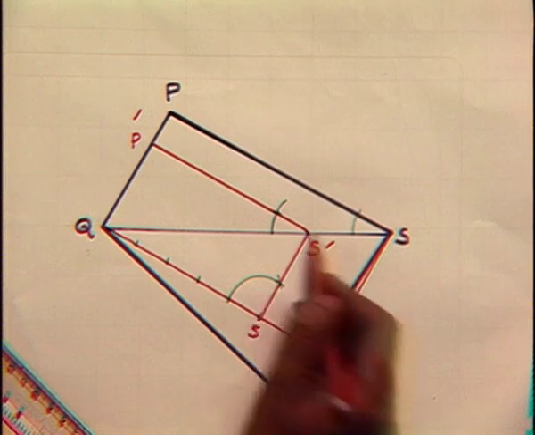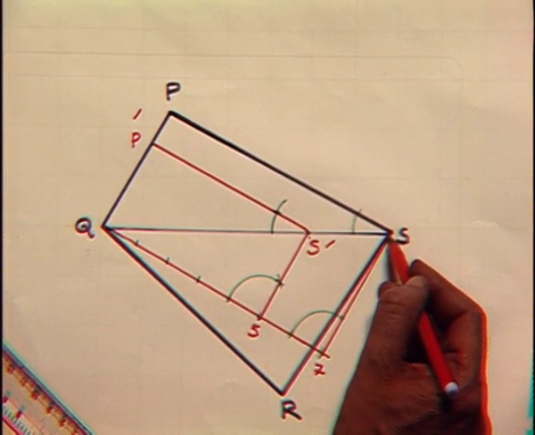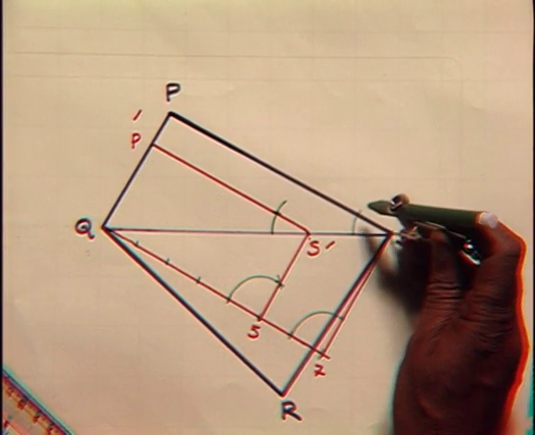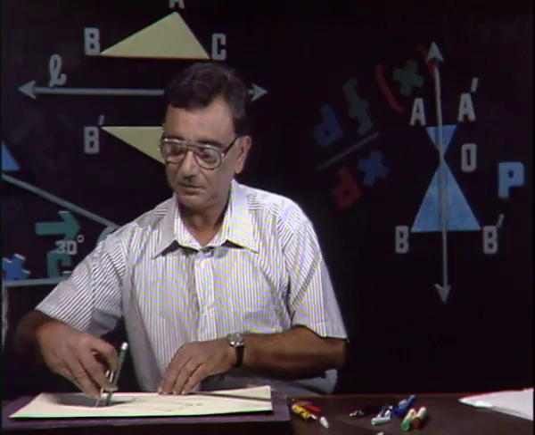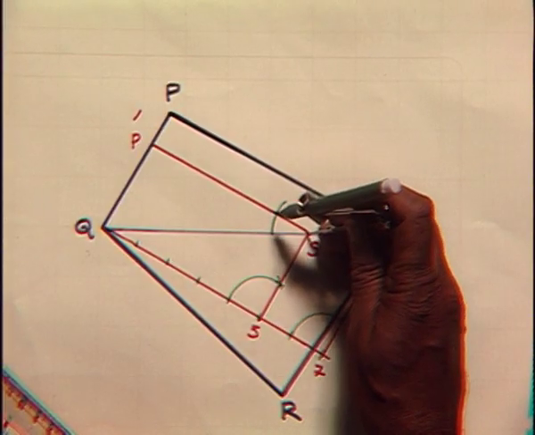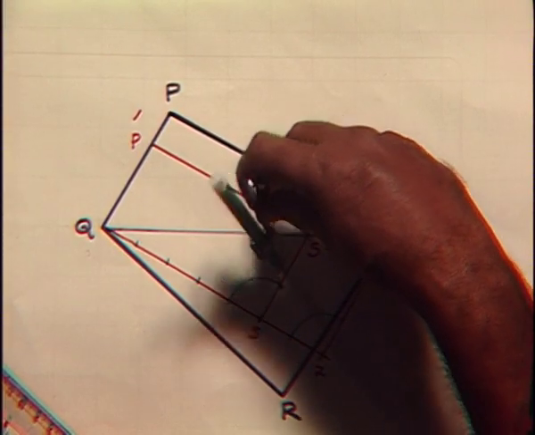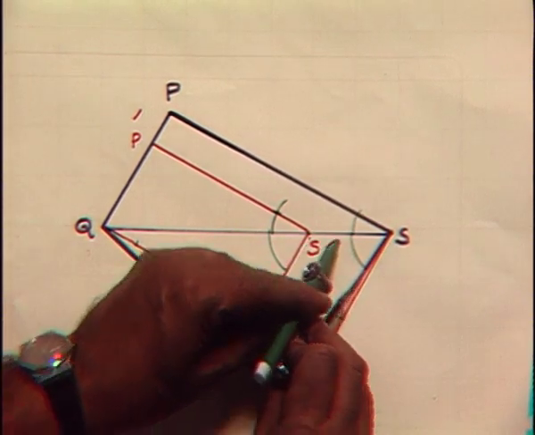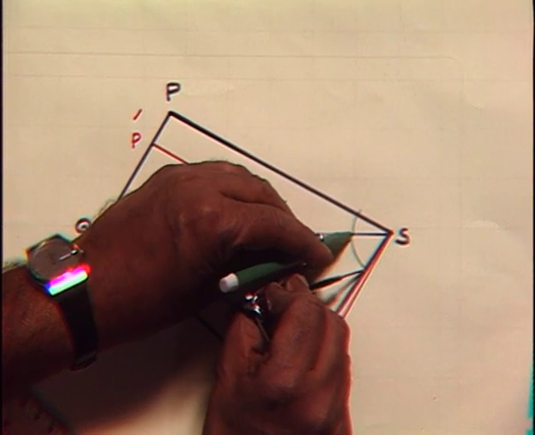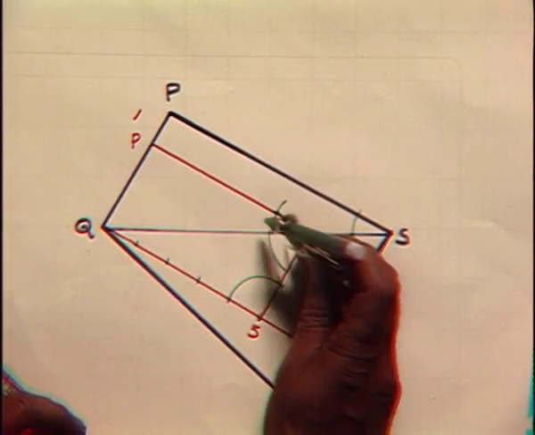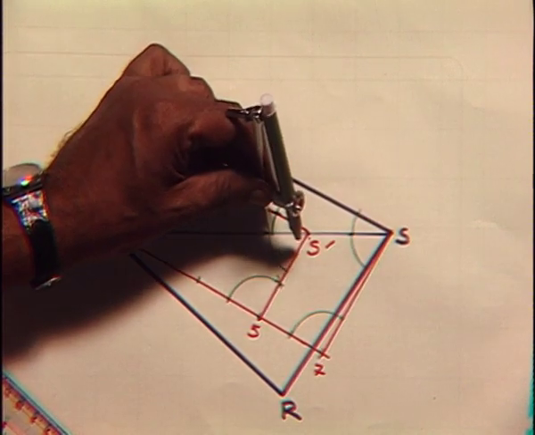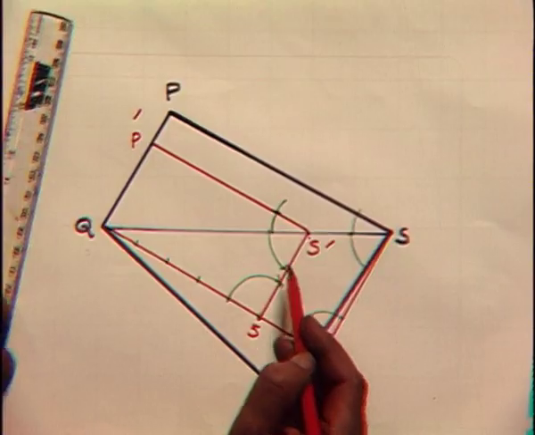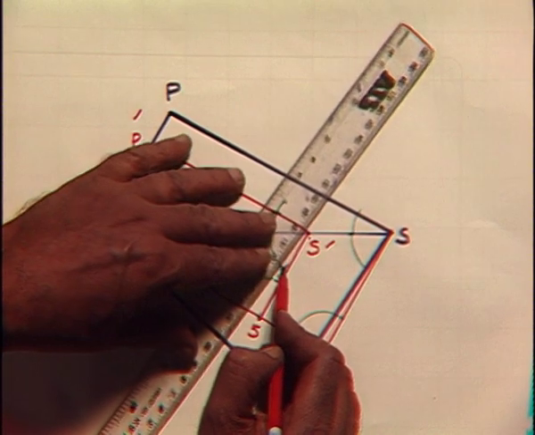And from the same point S, I will draw a line parallel to S R. So, here is a point where the arcs are cutting.